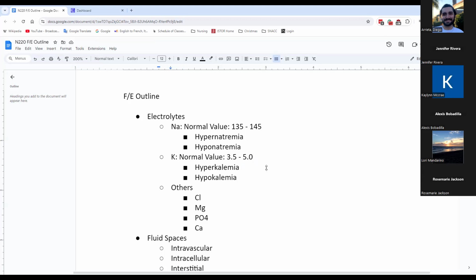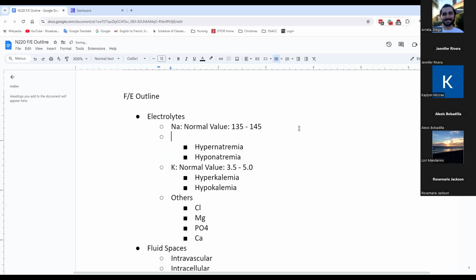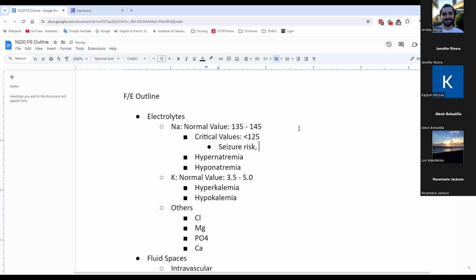The one you'll probably see the most considered a more critical value for sodium is under 125. That's when people start having that risk of seizures, altered level of consciousness.